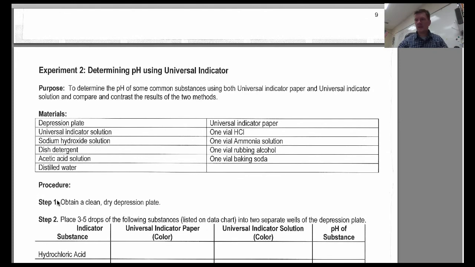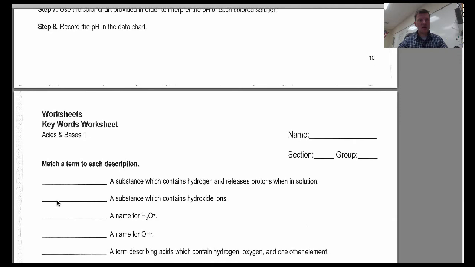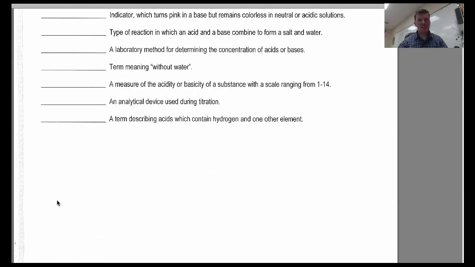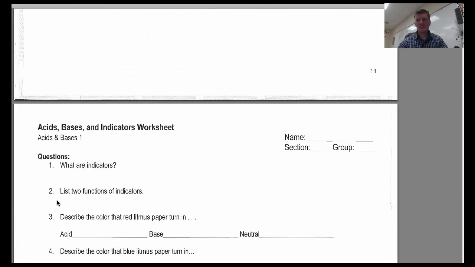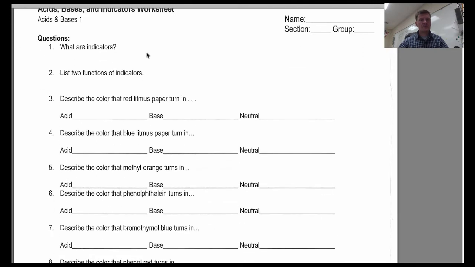Let's look at some of the questions. I'm going to skip ahead and look at some of the questions for the chart that we just did. In question number 1, I want you to write down the different indicators that we used. So we use litmus paper, either red or blue.